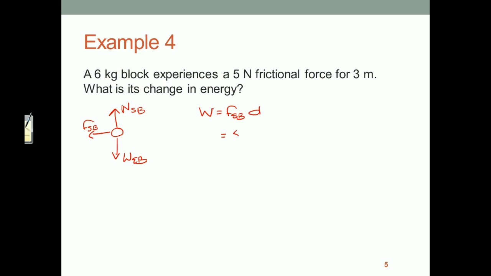We're told it's a 5 newton frictional force, and it travels through 3 meters, so that's 15 joules of work. But it's negative because the friction removes the energy. So the work is actually negative 15 joules, but work equals a change in energy, so the energy change is negative 15 joules. It has lost 15 joules of energy.